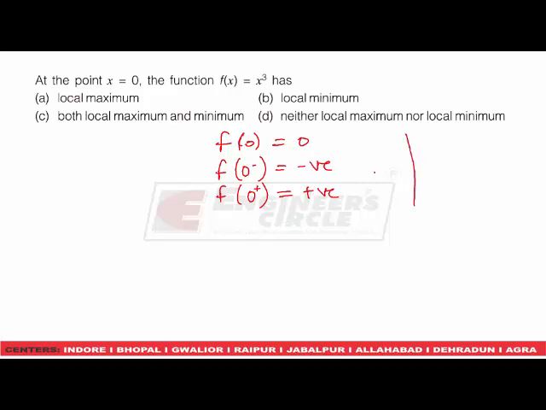So our function has value 0 at 0, and at less than 0 it is negative, and at greater than 0 it is positive. So the function is increasing, so it has neither minima nor maxima. So the correct answer would be D option.